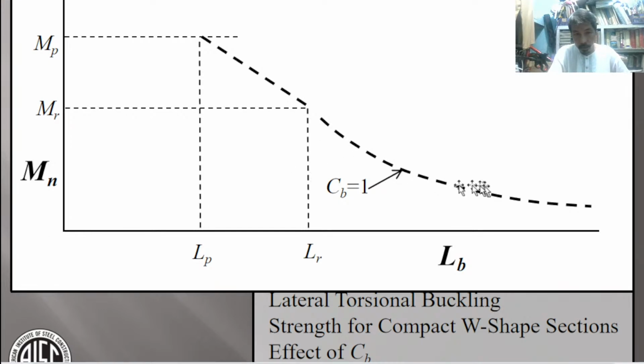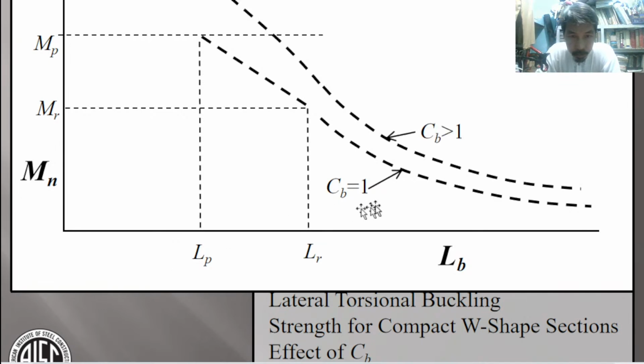CB is equal to 1 here. MR is the rupture moment, and Mp is plastic. Next we have CB greater than 1, so the graph becomes higher.